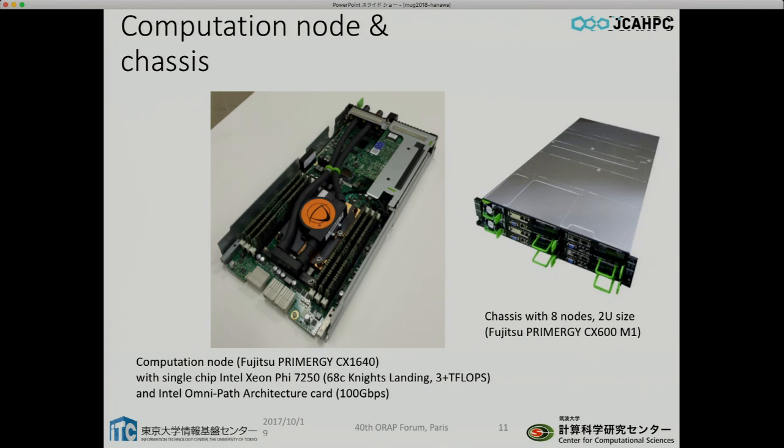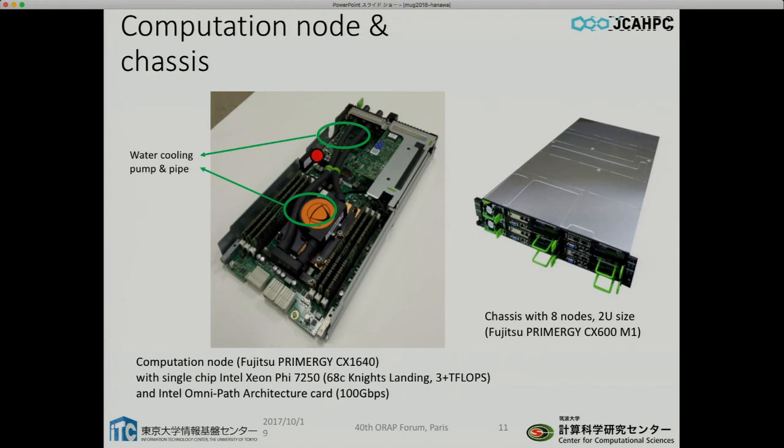This photo is a compute node of Oakforest-PACS. On the right-hand side is a chassis, and this is a KNL chip, and this orange one is a water cooling pump.